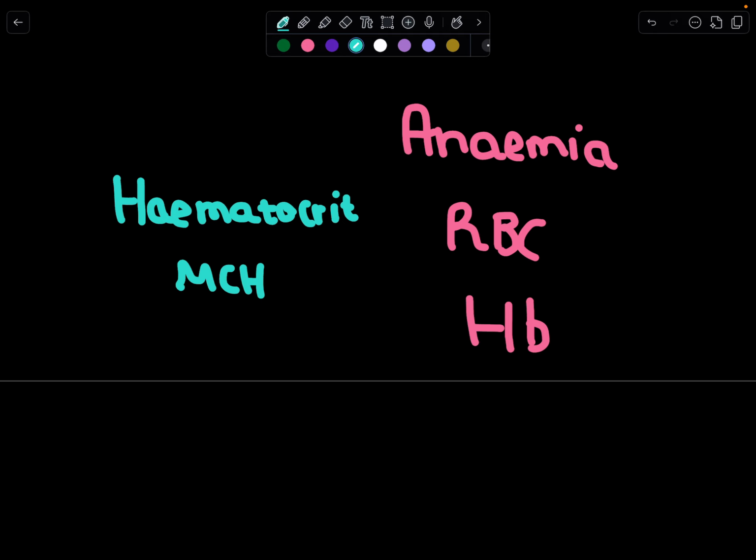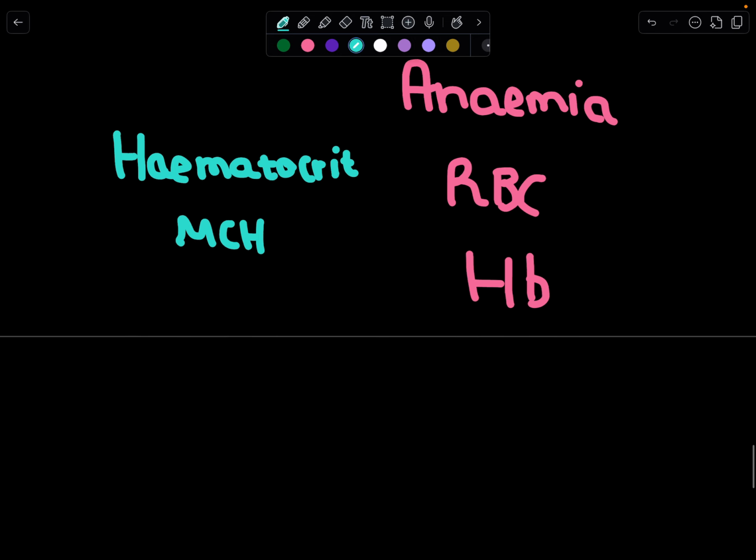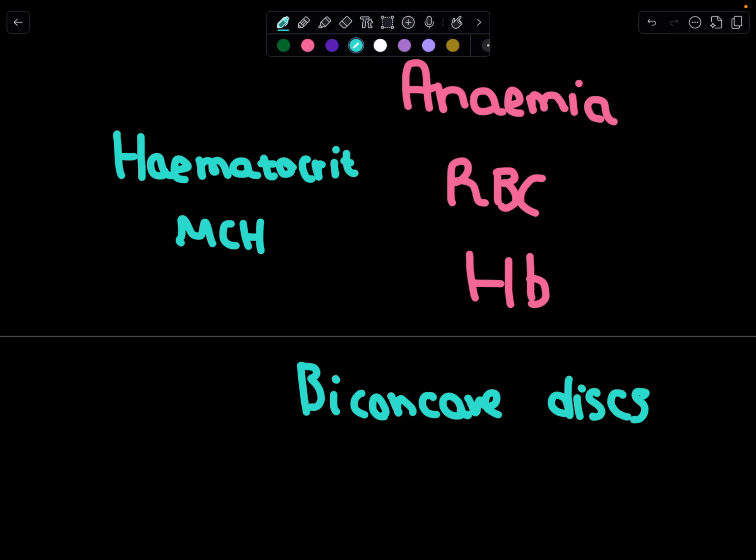Explain to us some other concepts such as erythropoiesis, erythropoietin. Explain to us the shape of red blood cells, why they have biconcave discs, no nucleus. Erythropoiesis is the process your body uses to make red blood cells, mostly in the bone marrow, starting from stem cells and maturing into functional cells.